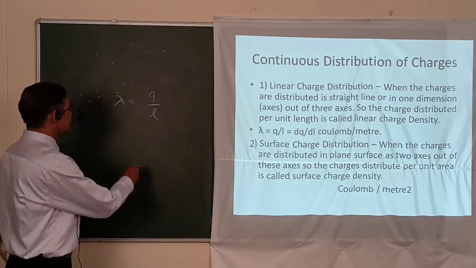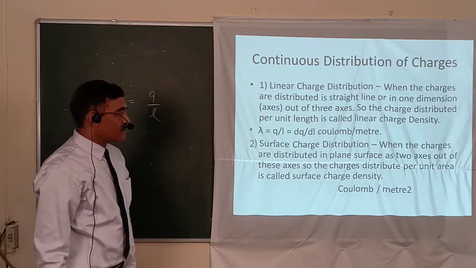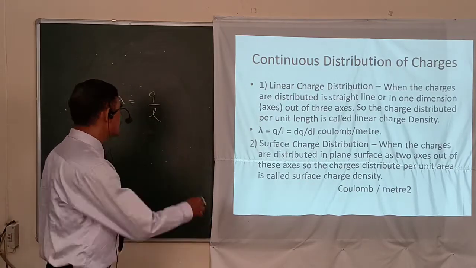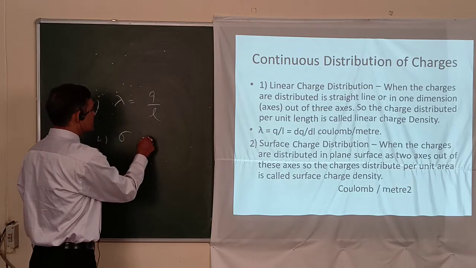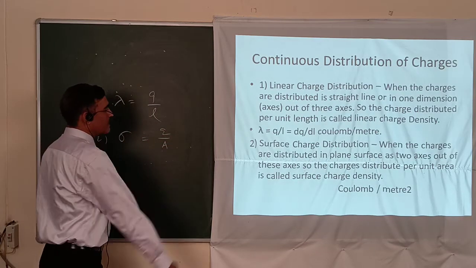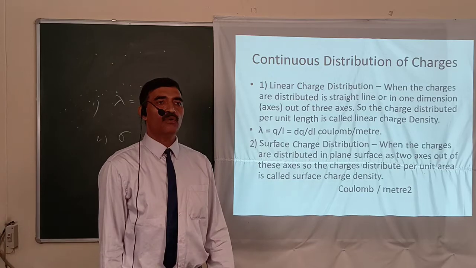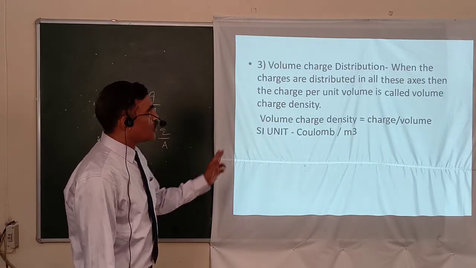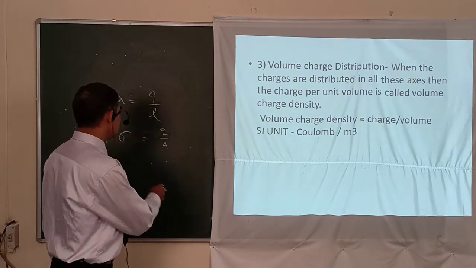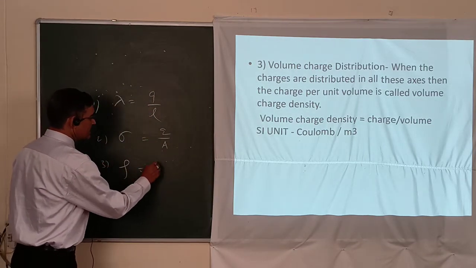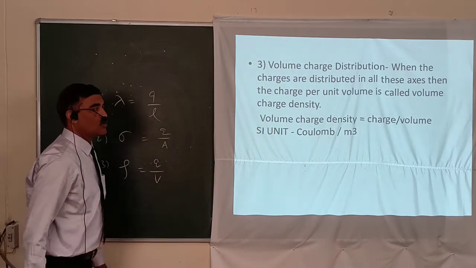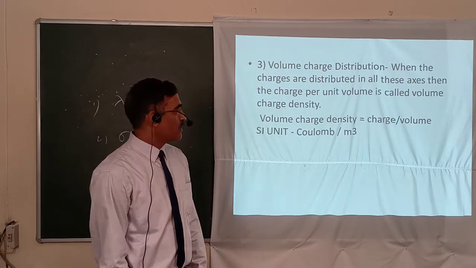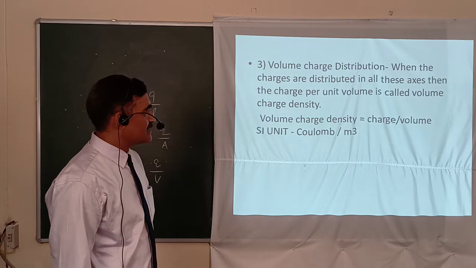The next one is surface charge density, charge per unit area, represented by sigma, that is Q upon A, and the unit is Coulomb per meter square. The next is volume charge density, represented by rho, charge per unit volume, and its unit is Coulomb per meter cube. So these are the charge densities.